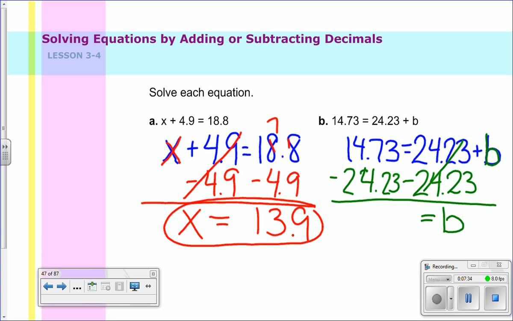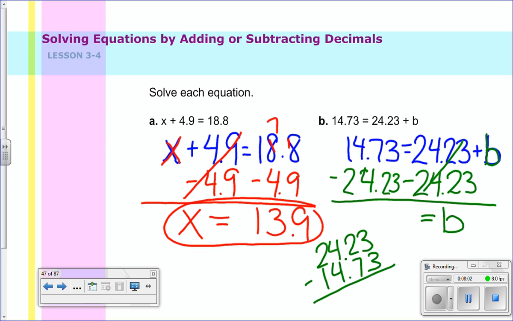However, this one, you can't do 14 minus 24 because, well, you'd get a negative number, or you can't really take 24 from 14. So in this one, you go back to those rules again. You take the number that's larger, which in this case is 24 23/100, and subtract it. All I'm doing is really flipping it so I can subtract them now. All right, I need to be able to subtract these numbers, so I had to put the larger number on top and the smaller number below it.